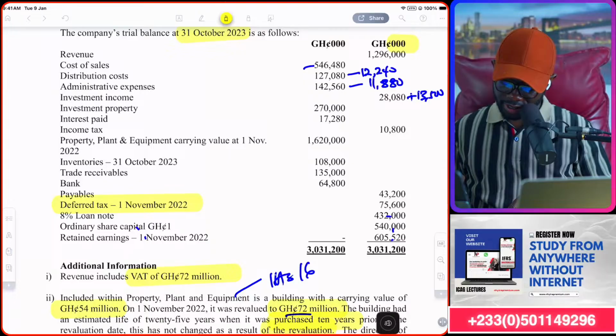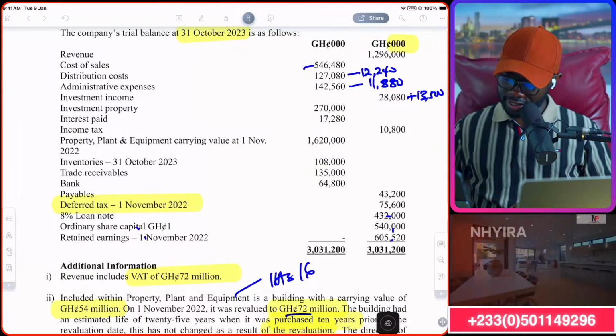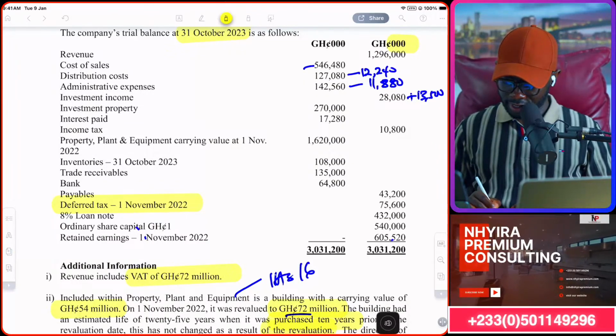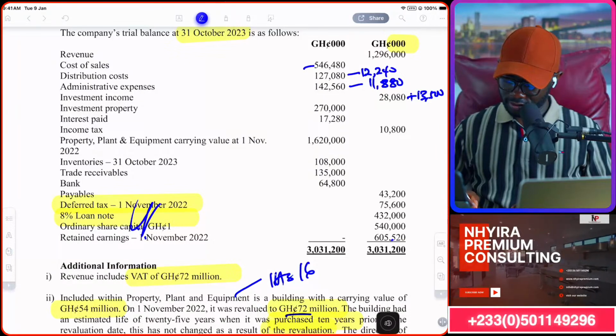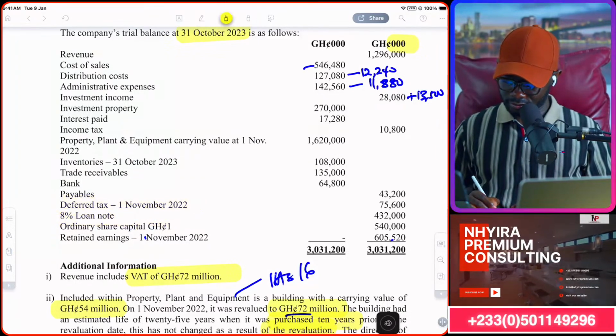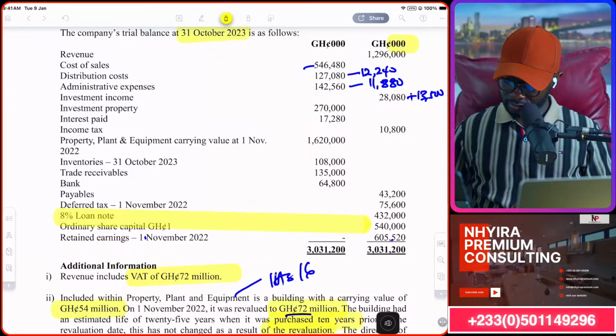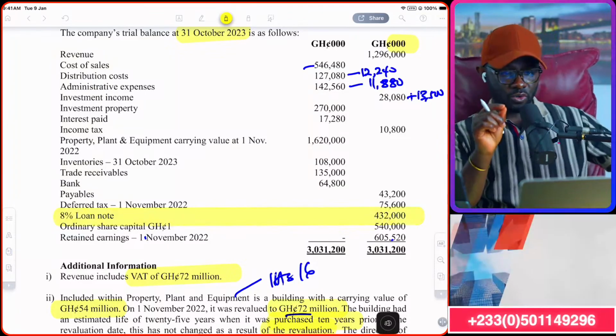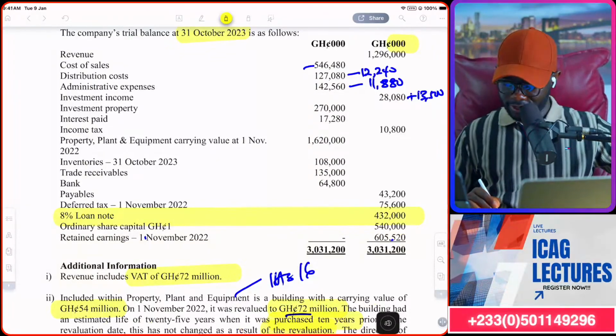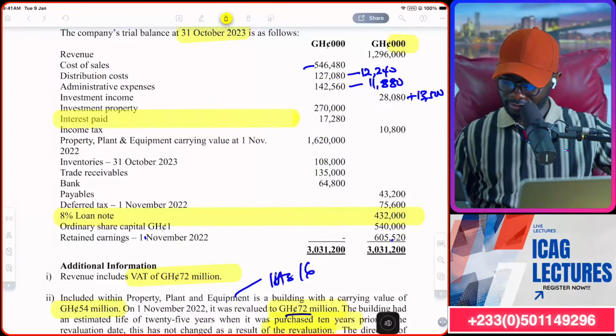Then we bring in any finance cost. If you check, pay attention closely. There is a loan here, 432,000. Then there is interest paid here.